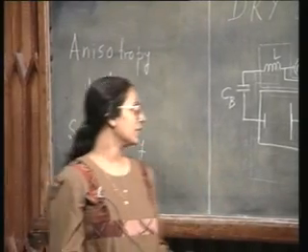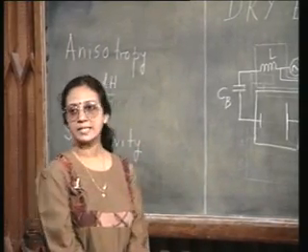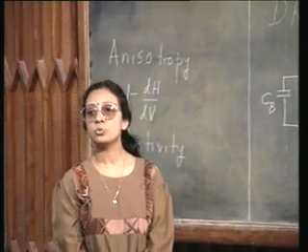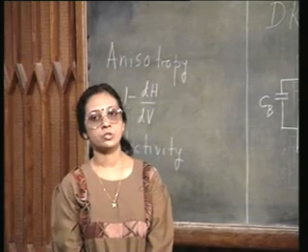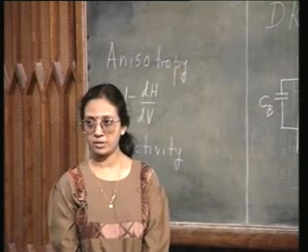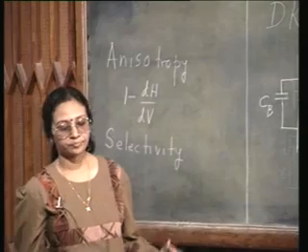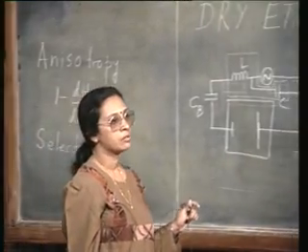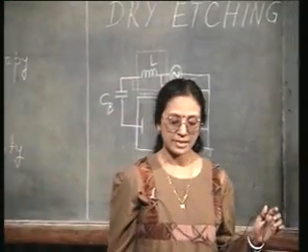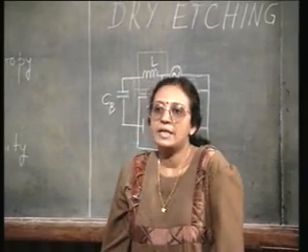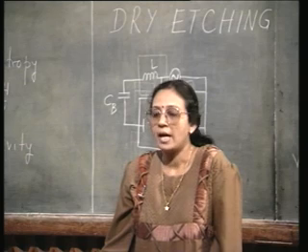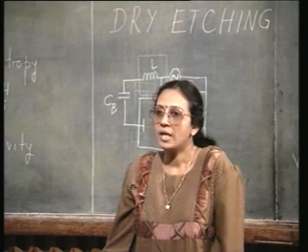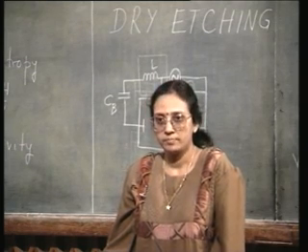But before that, let me remind you that in any etching system, we have 2 very important figures of merit. These are anisotropy and selectivity. So, you see, basically in a plasma, you can have very high electron temperature.